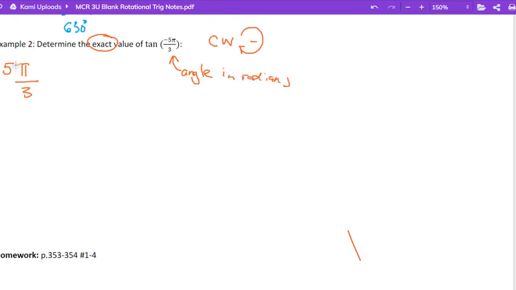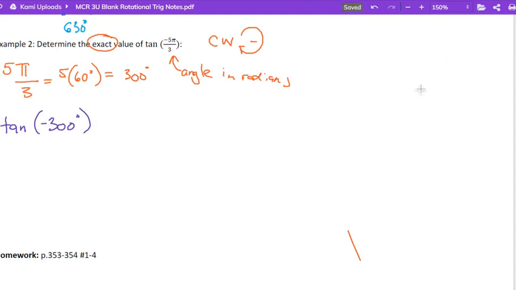Okay, so if we're in radians, we need to convert. So pi over 3, what is it? 60. So what's our angle? 300, but it's actually negative. Okay, so I am being asked for the exact value of tan of negative 300 degrees.